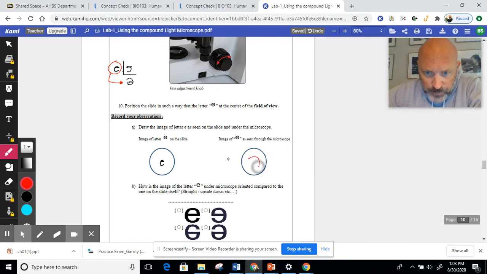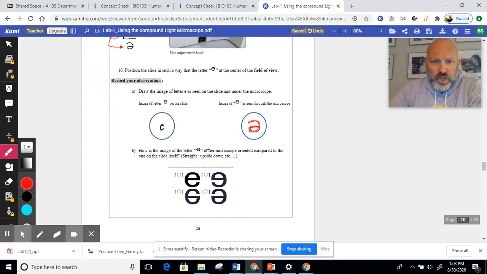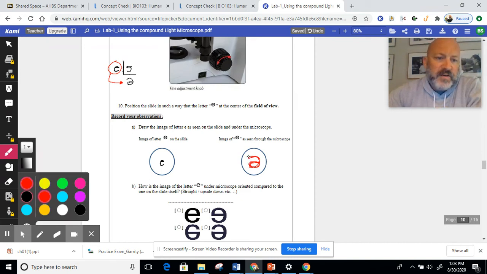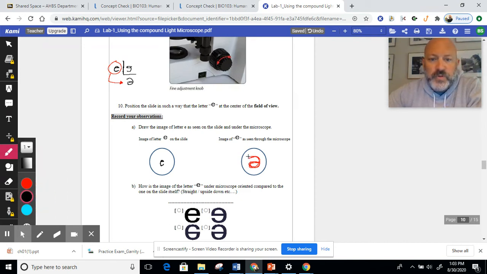So the second drawing is asking you to draw the image as it appears in the microscope. And you would then draw something like that. All right, showing that it is indeed flipped 2 times. And you would also draw it bigger because it's being magnified 40 times when we're using scanner.